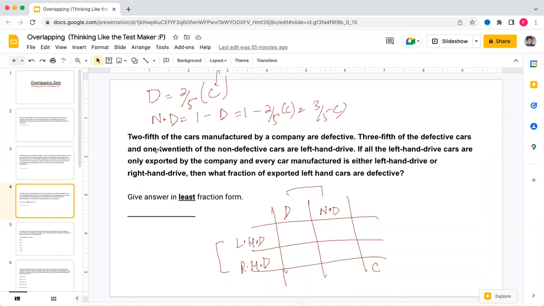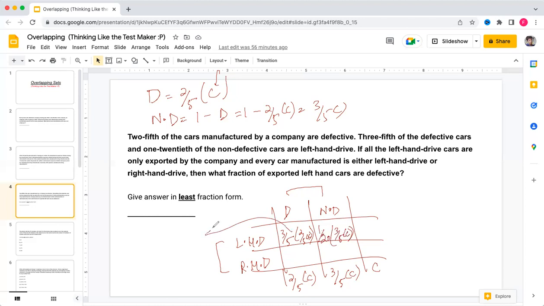Next, 2/5 of the cars manufactured are defective. So 2/5 of total cars are defective, and non-defective will be 3/5 of total cars, so that both add up to the total, which is C. The next thing is 3/5 of the defective cars and 1/20th of the non-defective cars; these sum to the total left-hand drive.